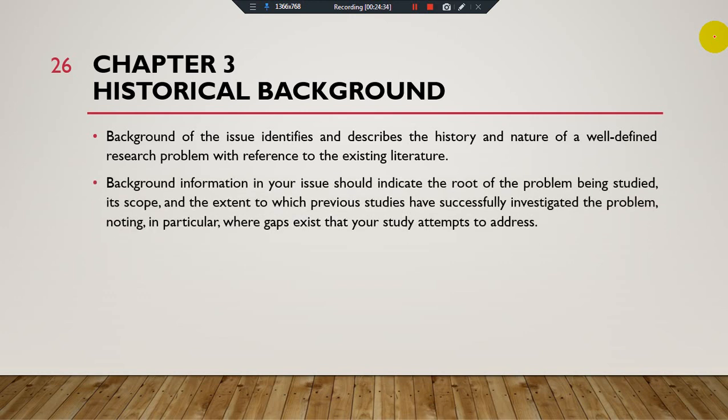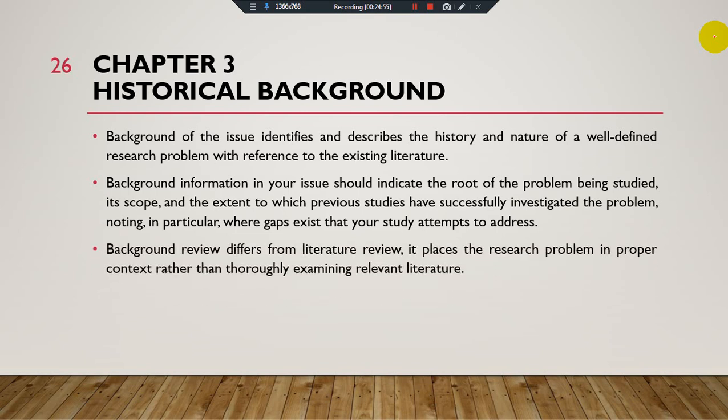Background information in your issue should indicate the roots of the problem being studied, its scope, and the extent to which previous studies have investigated the problem, noting in particular where a gap exists that your study attempts to address.